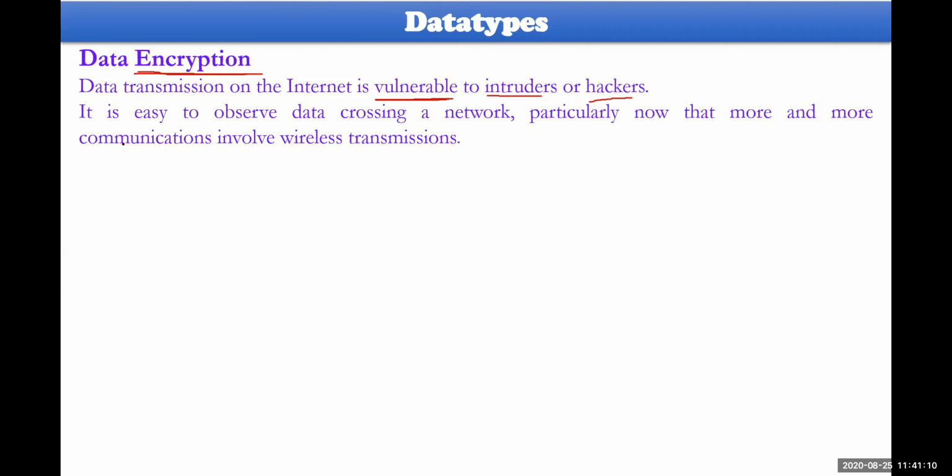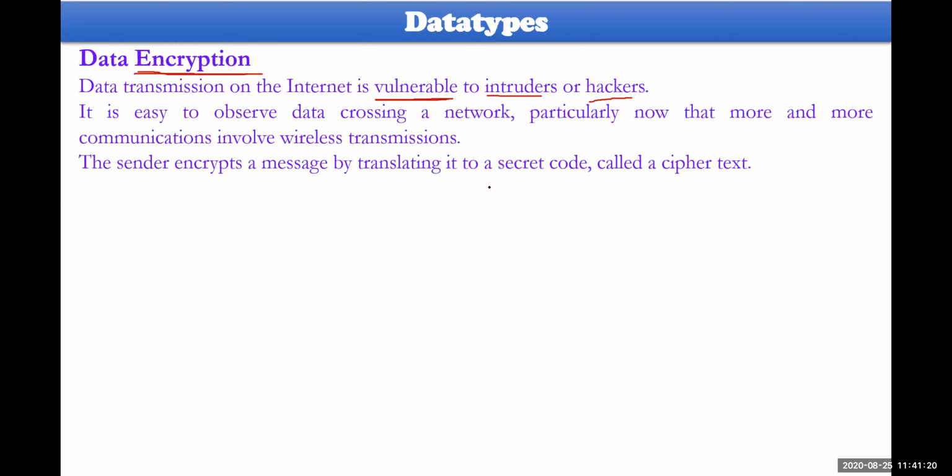Then in our network, the data is being passed, so it is very easy for hackers to grab. Then what shall we do? We would like the message to be encrypted. The sender encrypts a message by translating it to some cipher text using a secret code.